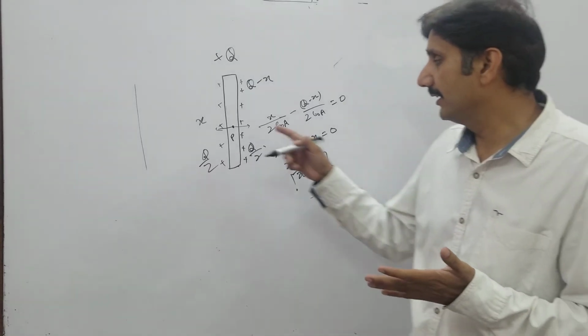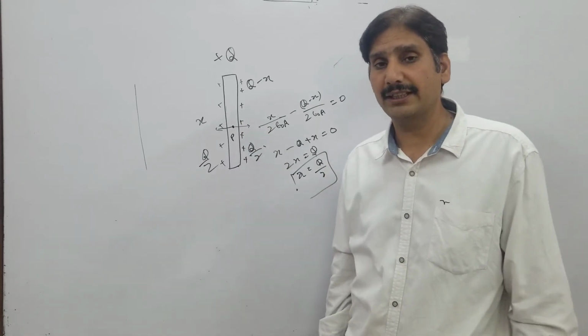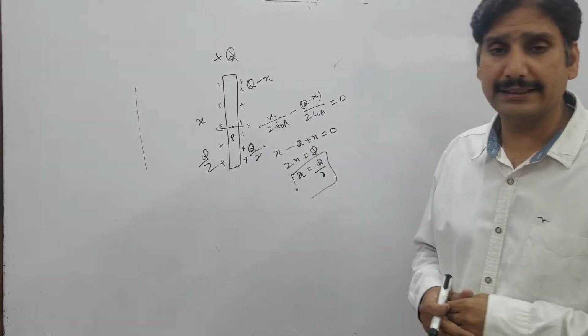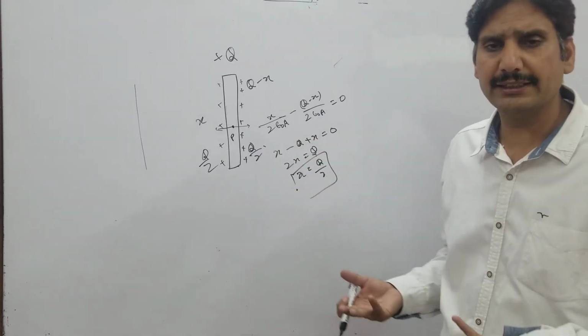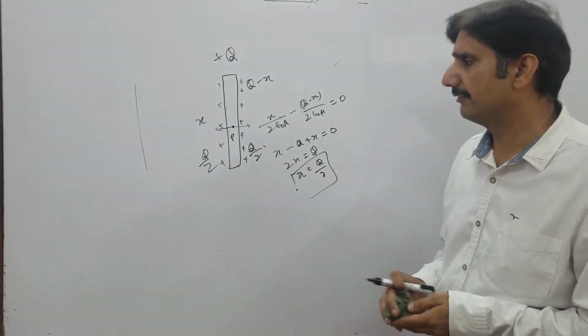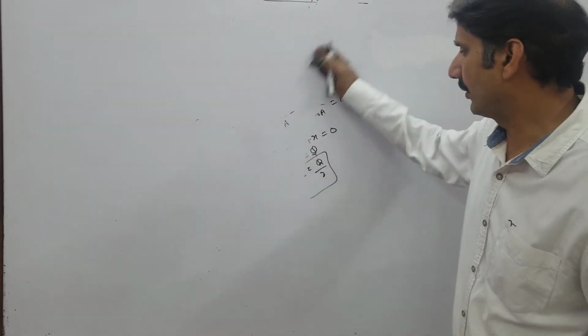We should find out electric field at a point which is right there inside the conducting plate, and then we would be able to find out the net electric field in that region. And net electric field is obviously 0, and you get an equation, and you can solve that equation to find out the value.